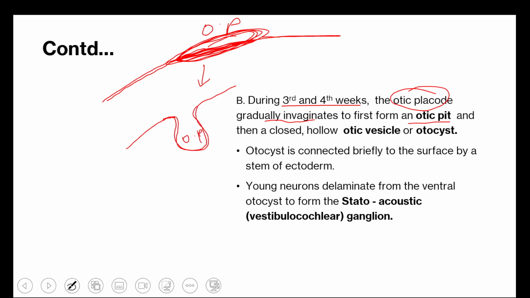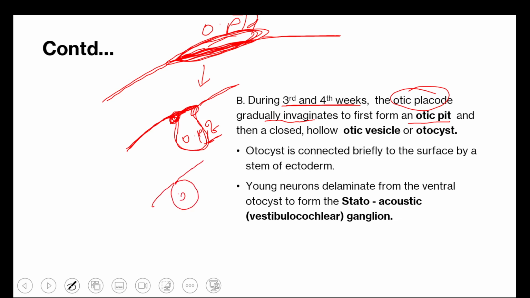This is the otic placode, and this is the otic pit, and this pit formation occurs during the third and fourth week. Later on, this surface ectoderm will fuse to the adjacent site, and this fusion leads to the formation of the otic vesicle or otic cyst.